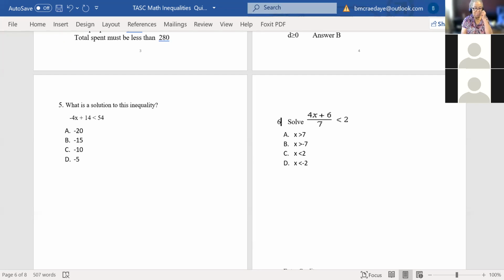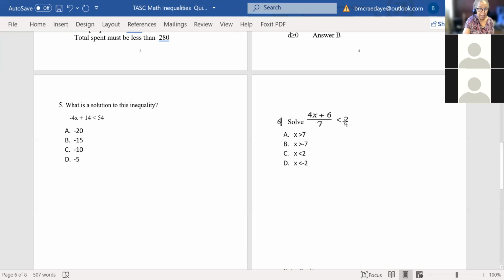Less than 2. That's x less than 2. Maureen, what did you get? I get less than 2 too. Okay, that's the answer. Answer is less than 2. Because you multiply the 7 by the 2 and you got 14, right? 4x plus 6 less than 2.